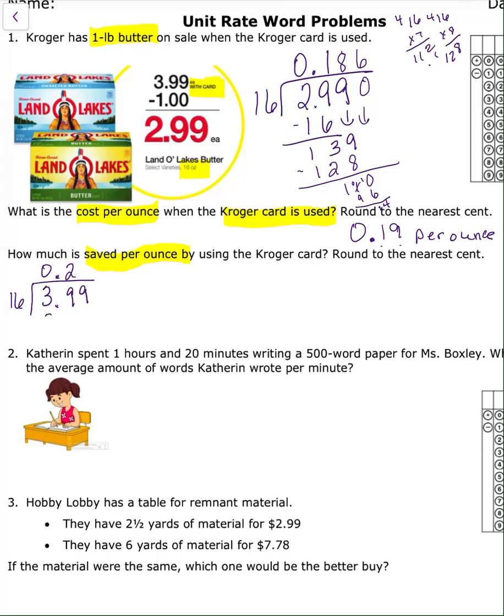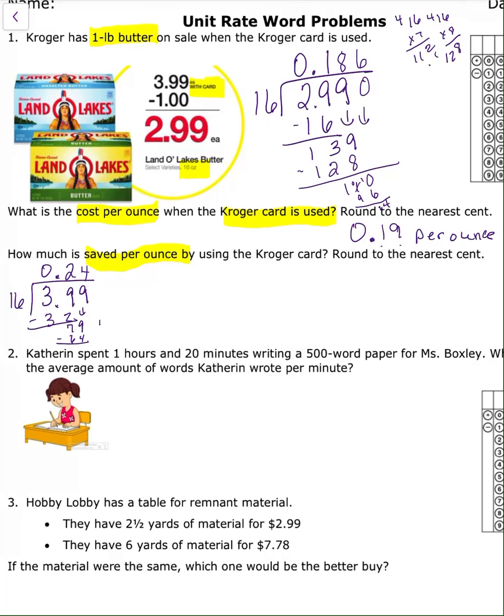So 32. I'll try to write small. 7. Bring down the 9. We'll go 4 times. And 16 times 4, I think, is 64. Yep. 64. Subtract. That'll be 15.